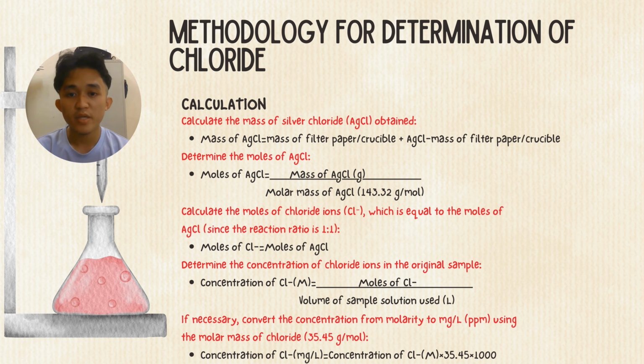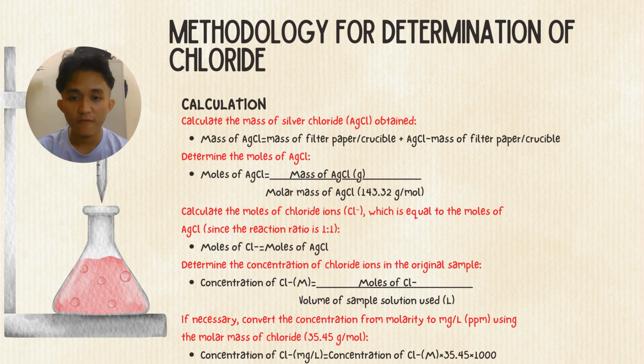To calculate the mass of silver chloride: mass of filter paper or crucible and silver chloride minus mass of filter paper or crucible. To determine the moles of silver chloride: mass of silver chloride divided by molar mass of silver chloride.